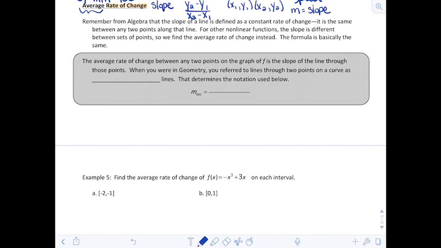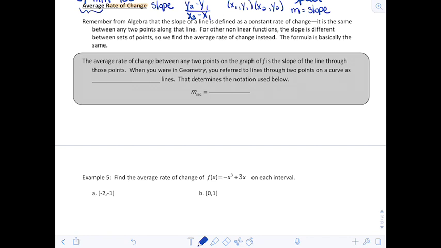We're going to look at these functions that have curves in them. Quadratics, which are parabolas, we'll look at cubics, and over an interval on the x-axis, there's going to be a change in the functional values. And it's not going to be constant, but what we want is the average rate of change.